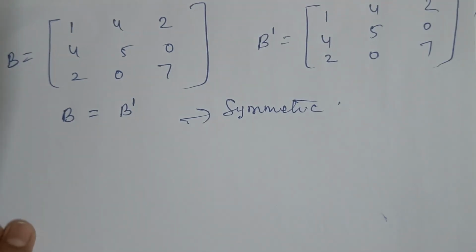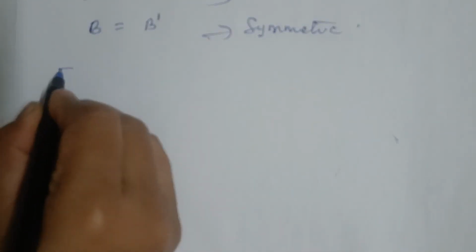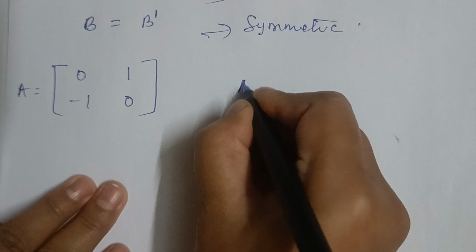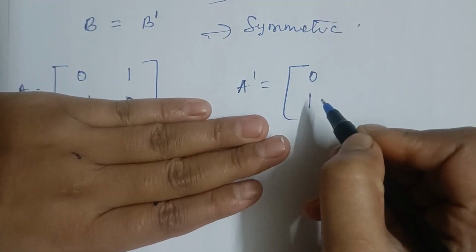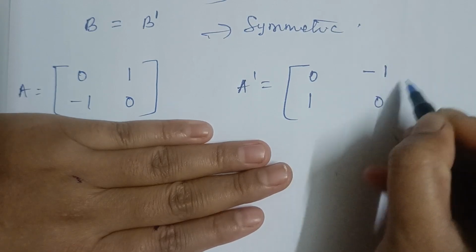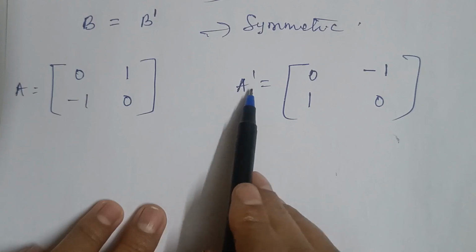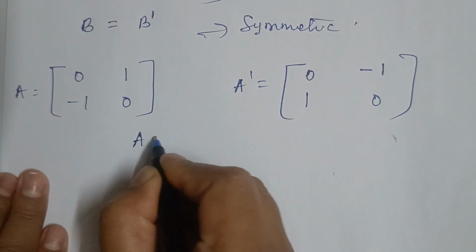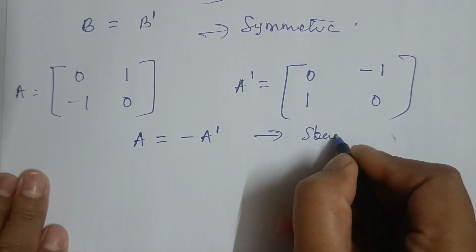But when it comes to a skew-symmetric matrix, I'll give you the example. Let me consider matrix A: 0, 1, -1, 0. And if I take the transpose of this, it is going to be 0, -1, 1, 0. So you can see this is the negative. A is equal to the negative of A transpose. So I can call this skew-symmetric.